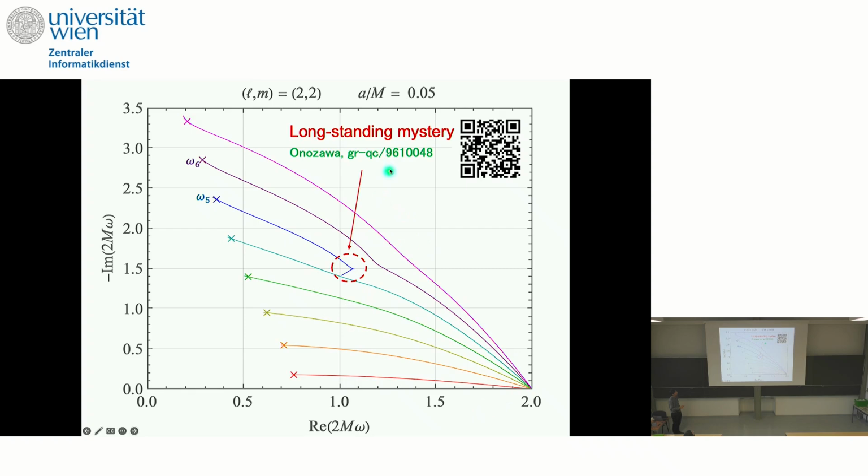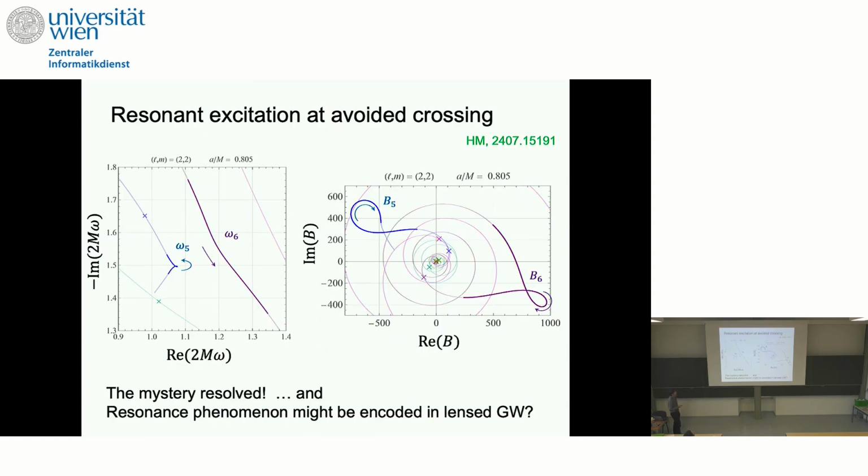This was found almost 30 years ago, and it has been a long-standing mystery. Recently, I noticed that this can be interpreted as so-called avoided crossing, which has been known in the field of quantum mechanics. Further, during this avoided crossing, the excitation factor is very much amplified.